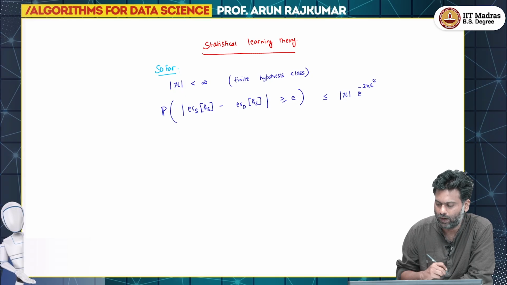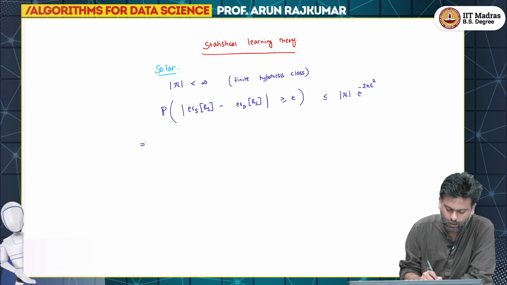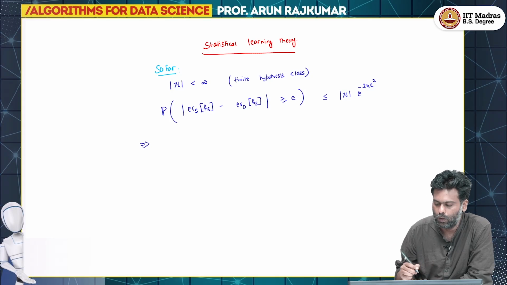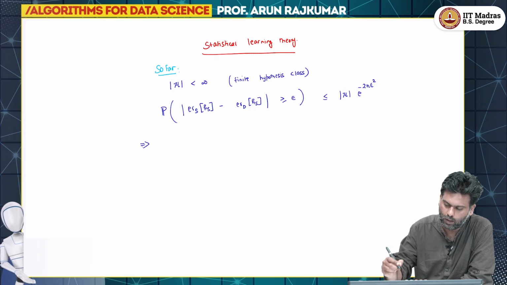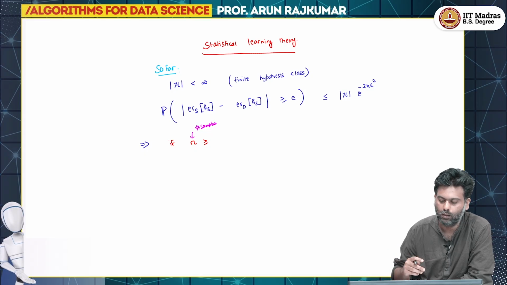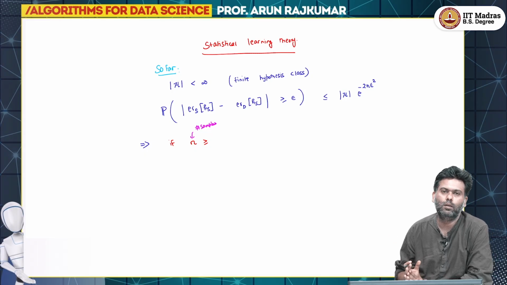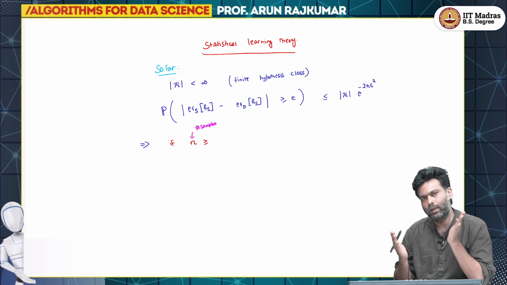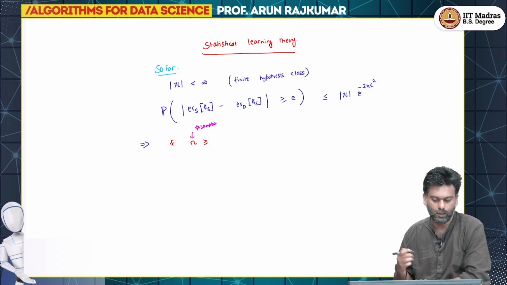2n epsilon squared. And because of this, what we could infer is that the more the number of samples n, the better our difference between the train and the test error is going to be. That is, the train error is a good proxy for the test error.